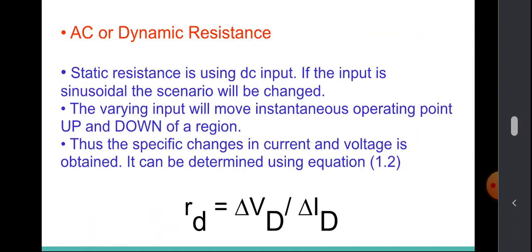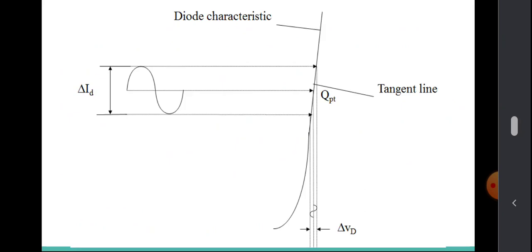And in the AC resistance, the symbol is a small letter r with a subscript of small letter d. So r sub d equals the change in the voltage divided by the change of the current in the diode. So this is the presentation of the changes, the change of the current and the change of the voltage.